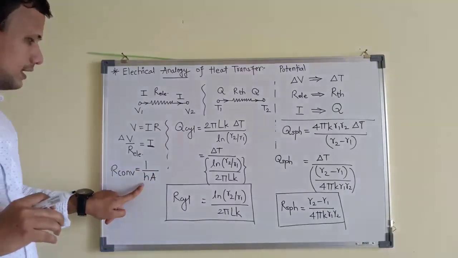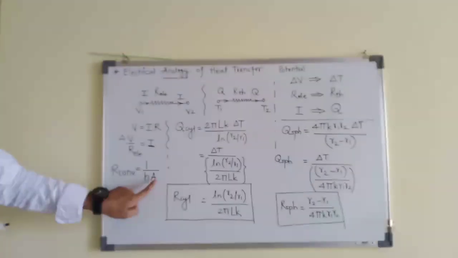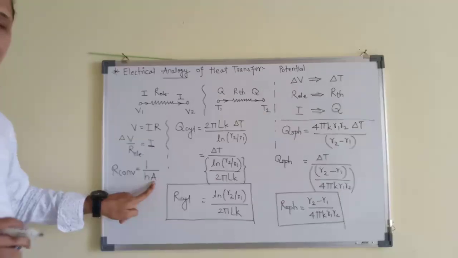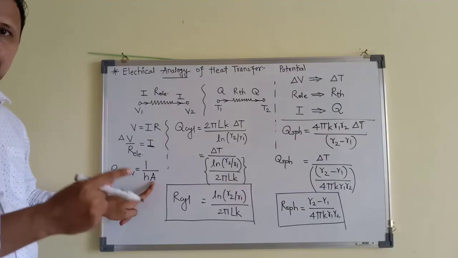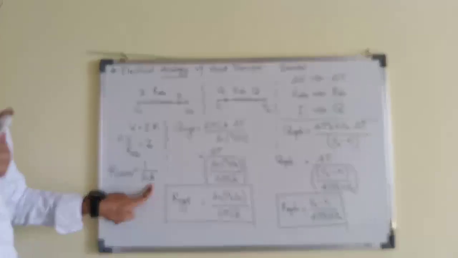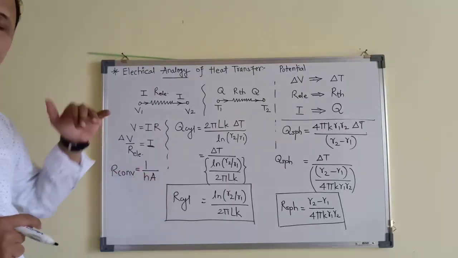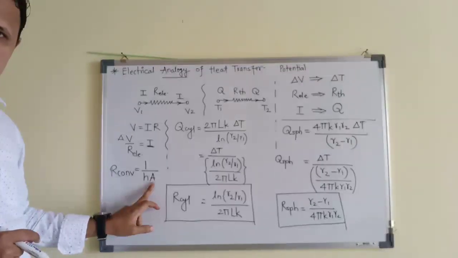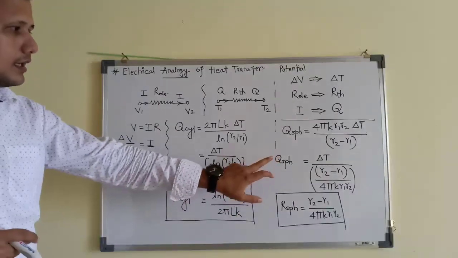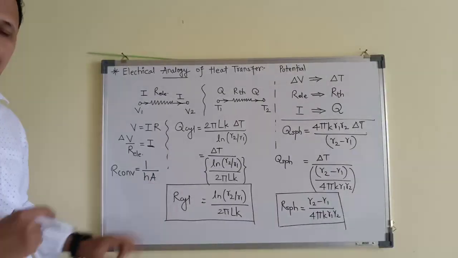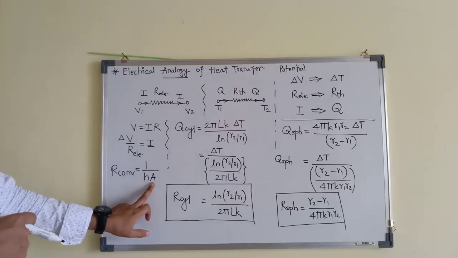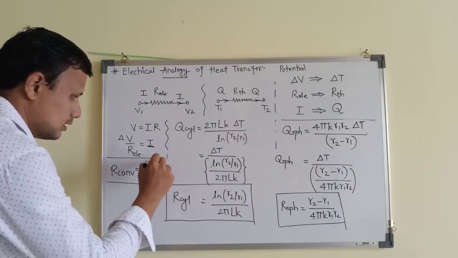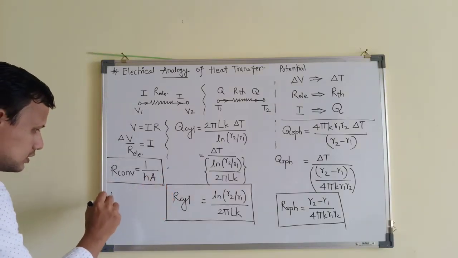In this case, h is the heat transfer coefficient, A is the area which is exposed to the convection. This area will again depend on the geometry. If it is plane wall, this area will remain constant. If it is a cylinder, then it will be 2 pi RL. When the R will change, this area will also change. If it is a sphere, then it will be 4 pi R square. When the R will change, the area will also change. So, we have to select the proper parameters depending on geometry.